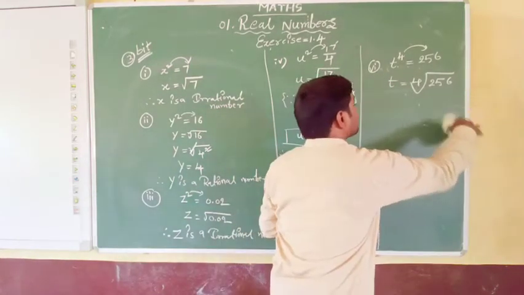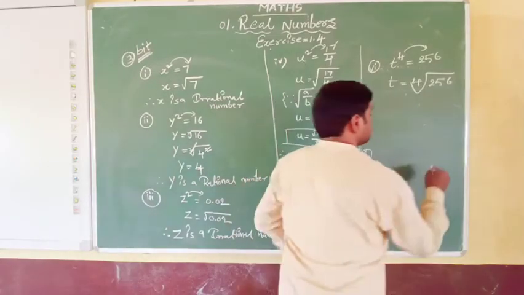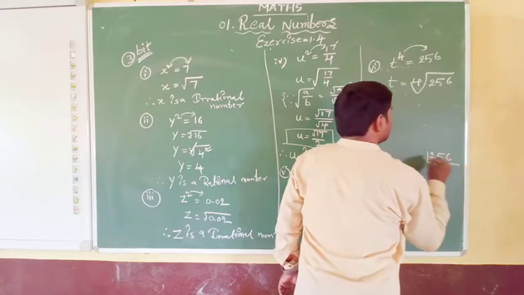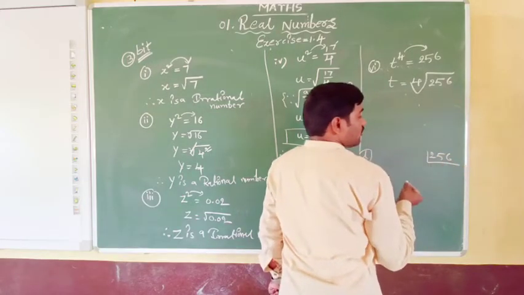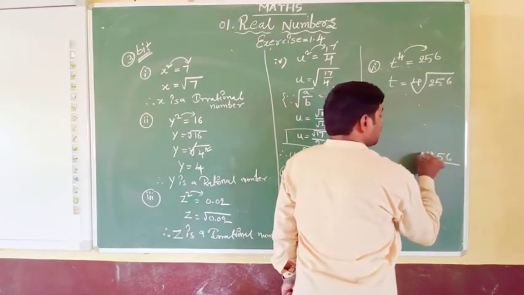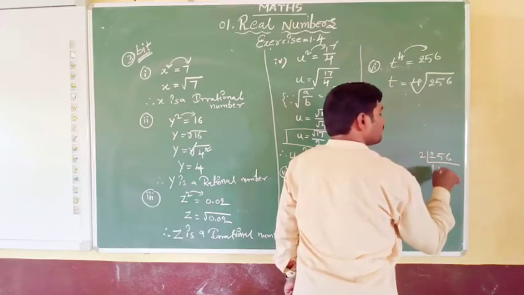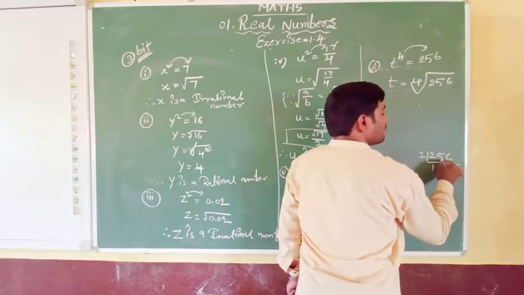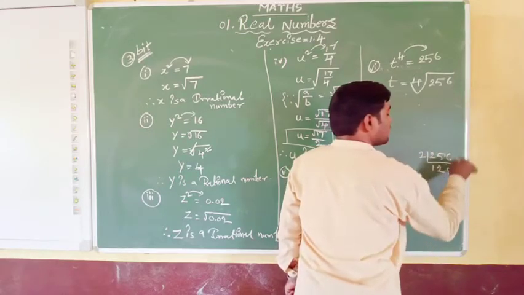Let us factorize 256 here. In what steps can we go? Here you can go for 2. 2 fours are 8, 2 eights are 16.